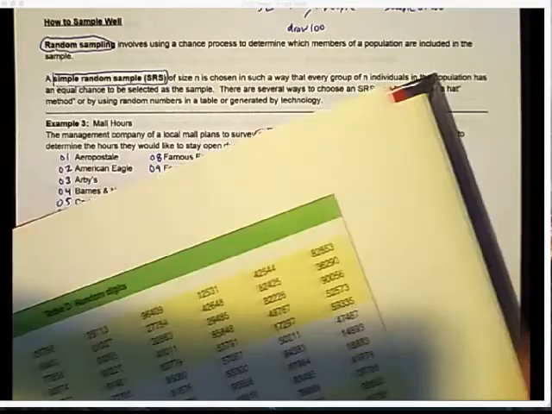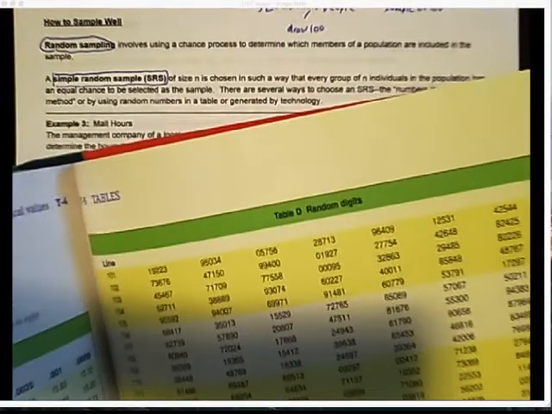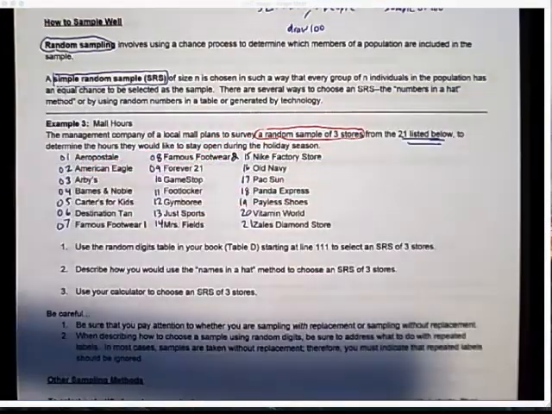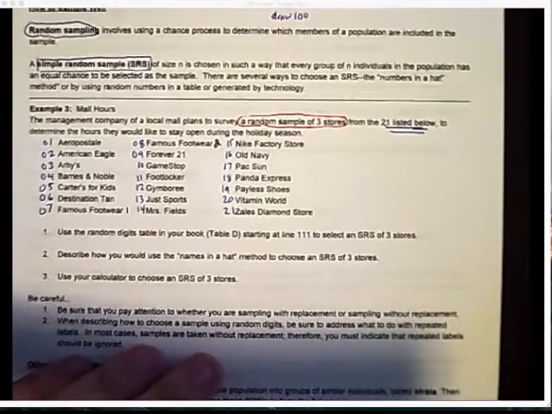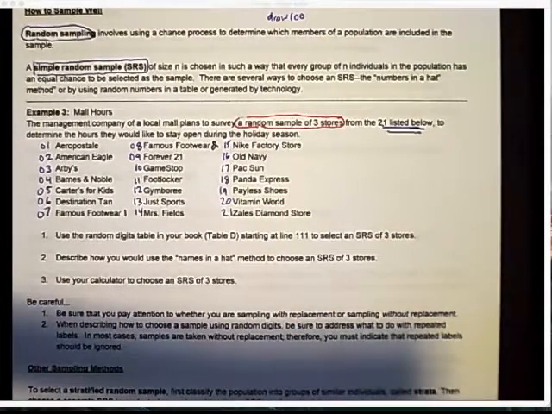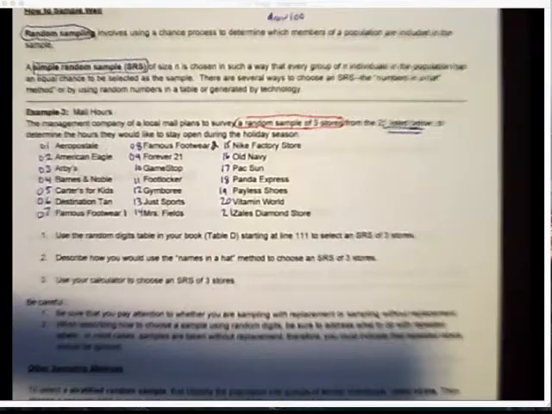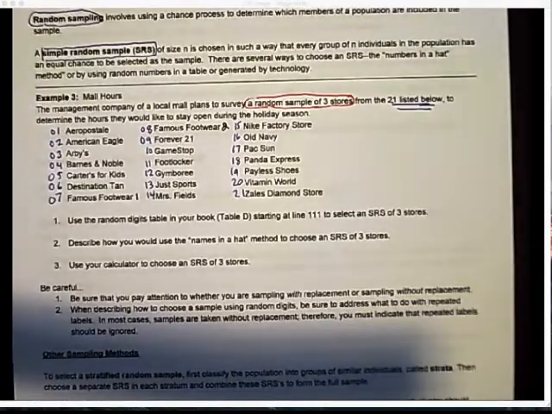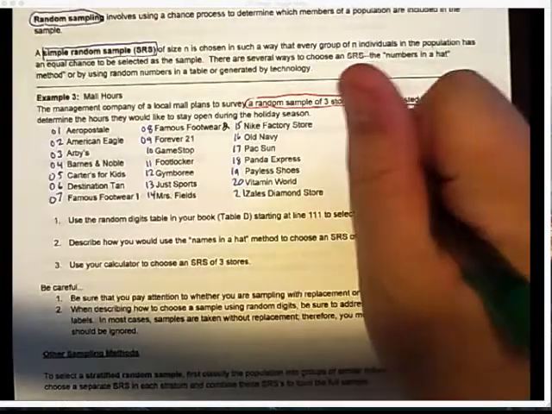So here's the random digit table. It's table D. If I start on line 111, I'm just going to write down the first few numbers in that table. So in table D, starting on line 111, I just picked that at random.